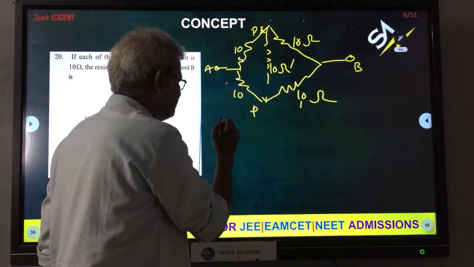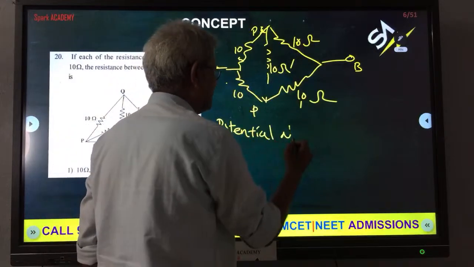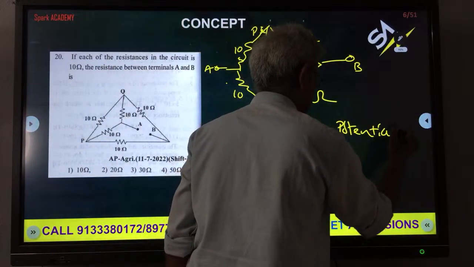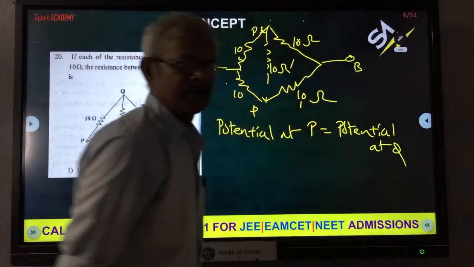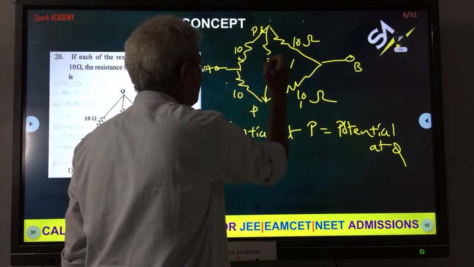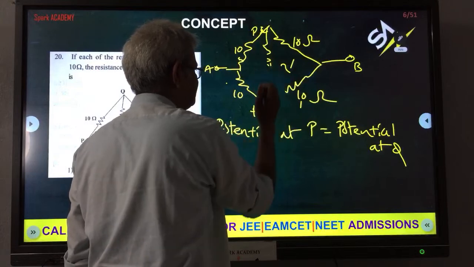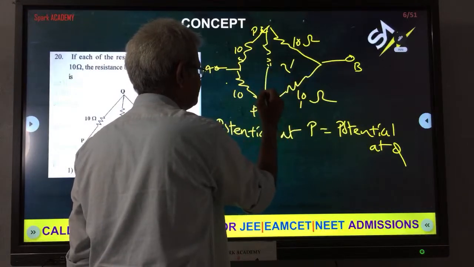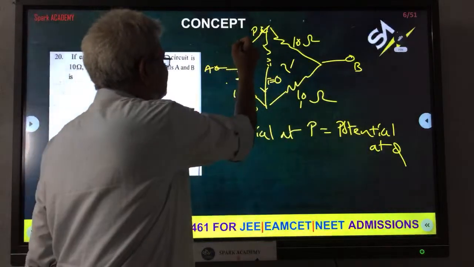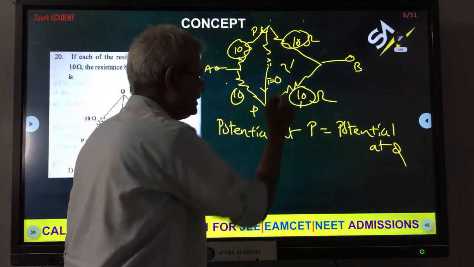So that means the potential at P is equal to the potential at Q. It implies that the current flowing through this path is 0. Current flowing through this path is 0, indicating that this resistance and this resistance are in series, and this resistance and this resistance are in series.